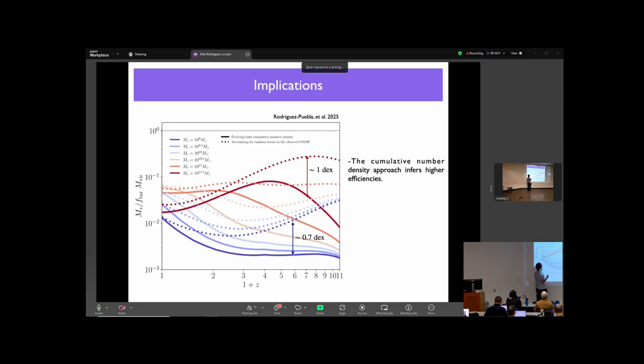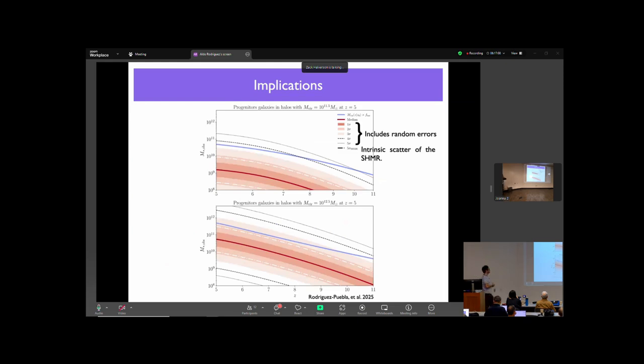If you use only those cumulative tracks based on the van Dokkum technique, which are these dashed lines, you will infer that at higher redshifts, galaxies will have higher star formation efficiencies. While if you use the tracks that we are providing, you will infer more conservative star formation efficiencies for those galaxies.